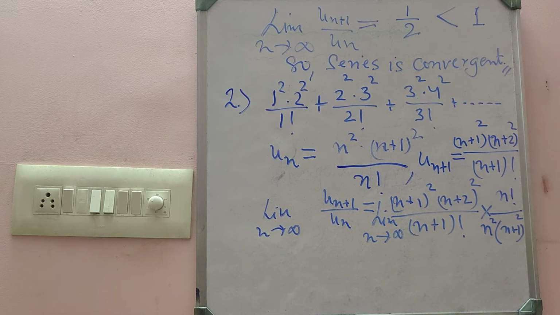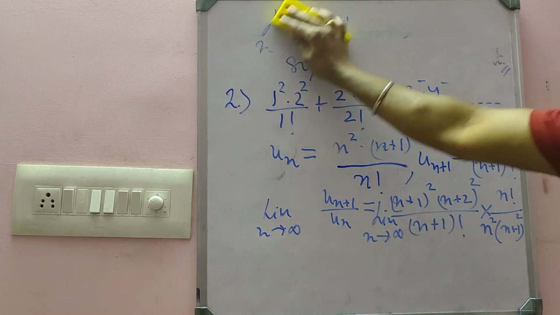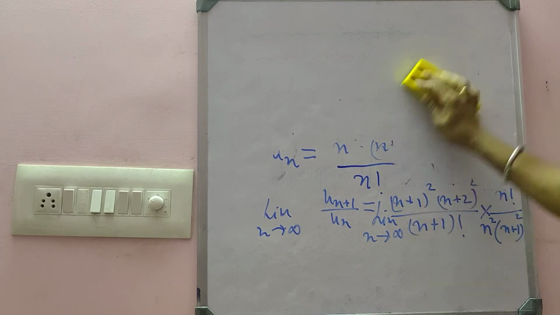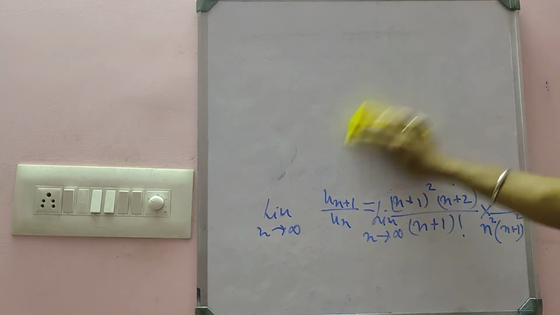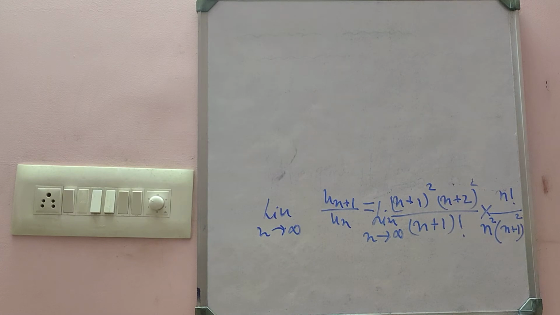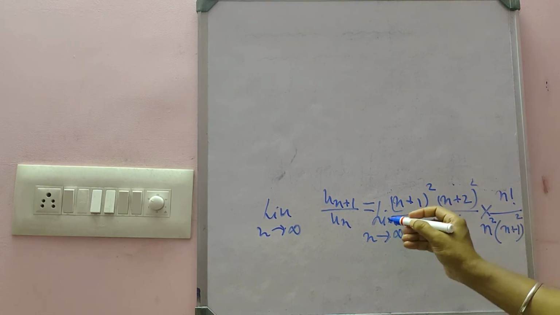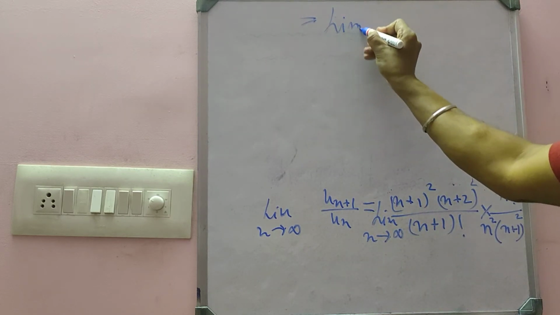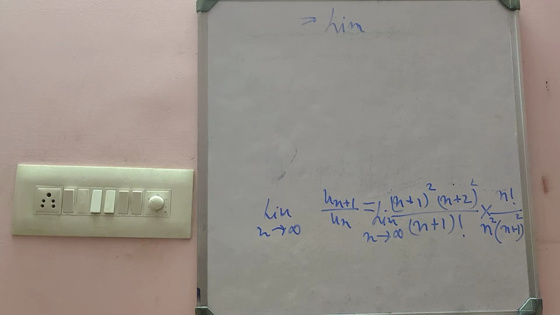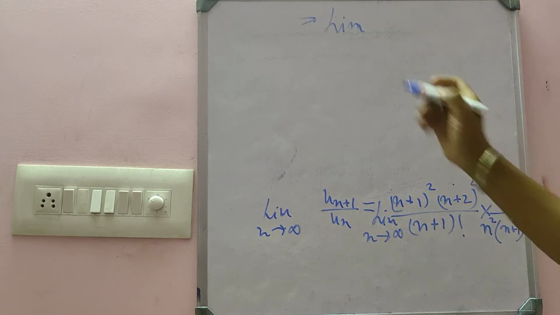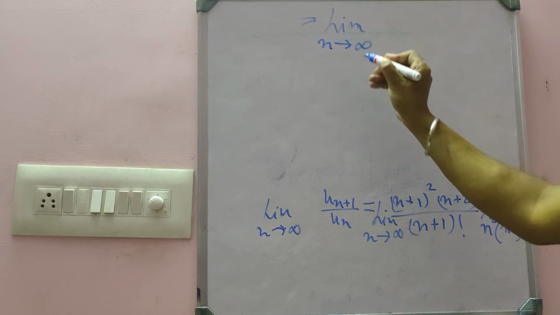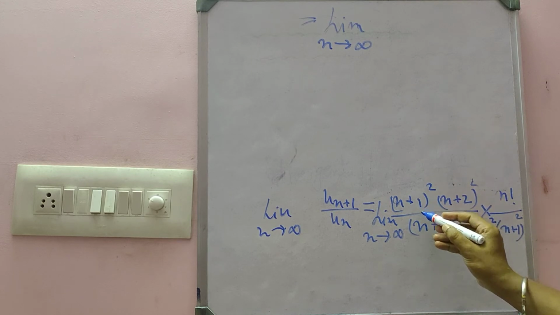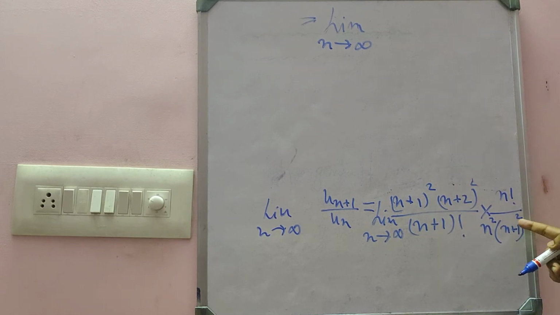Next step. See here, limit n tends to infinity, we have n plus 1 square, and here also you have n plus 1 square.